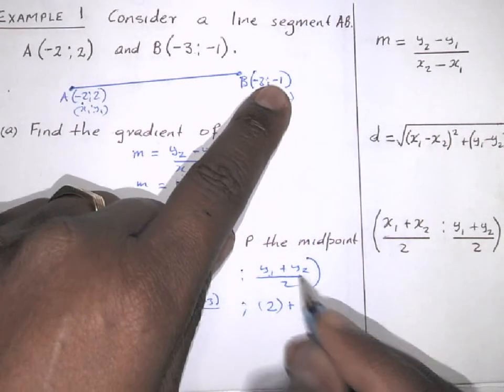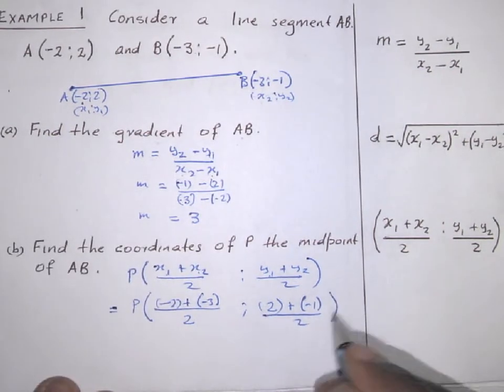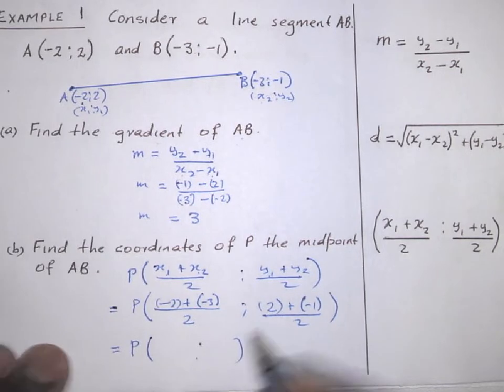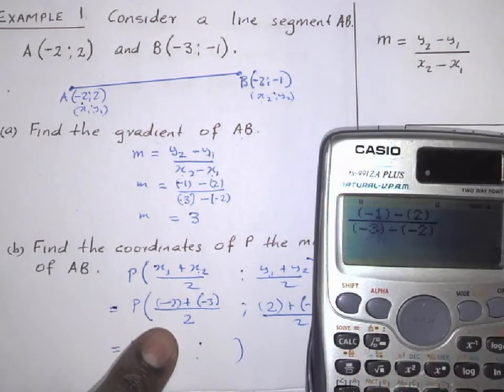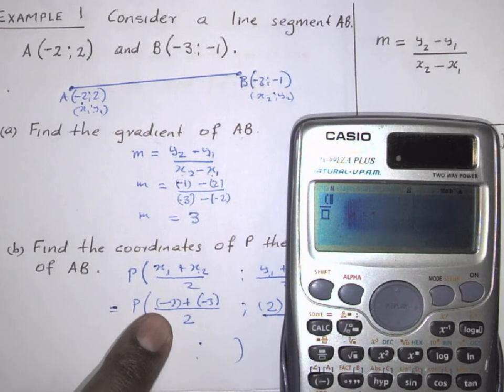So if I take this and put it in the calculator, it would be minus 2 plus minus 3 over 2. And the answer is minus 5 over 2.